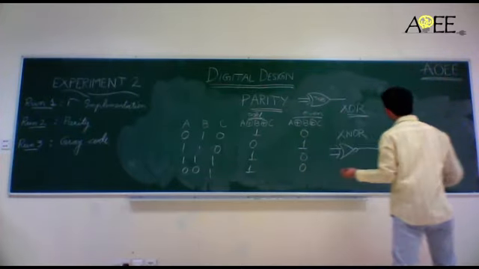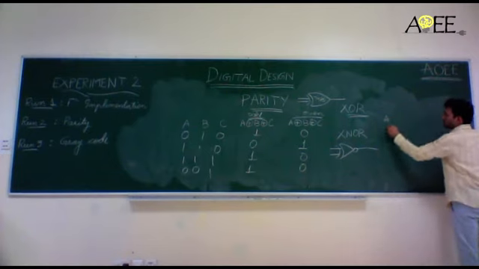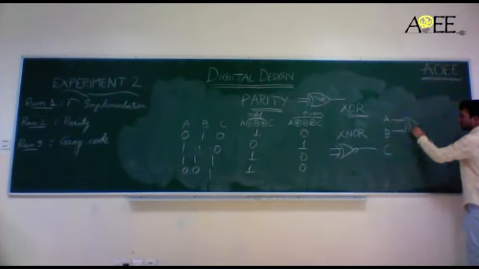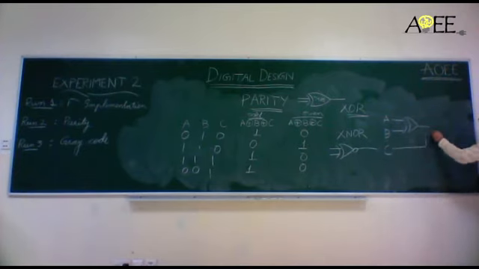So, if an implementation comes for 3 inputs A, B, C, first of all feed them to XOR, then feed this along with C to XOR, which will give a final output of A XOR B XOR C.